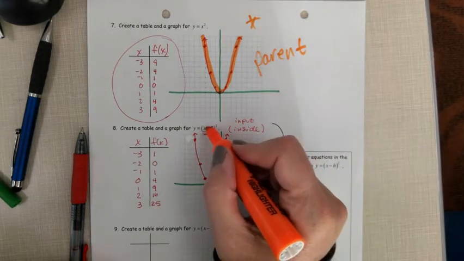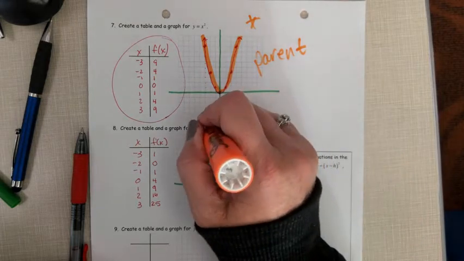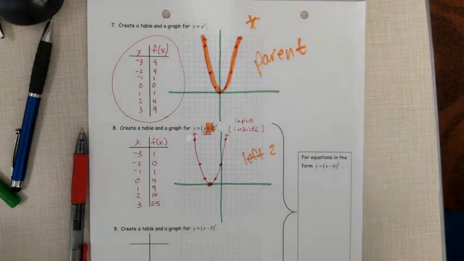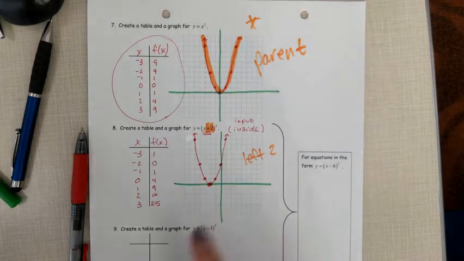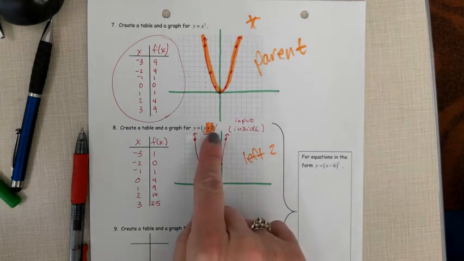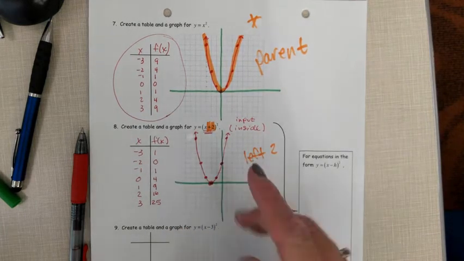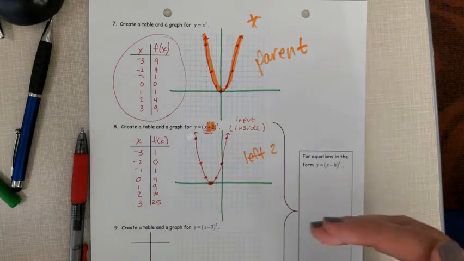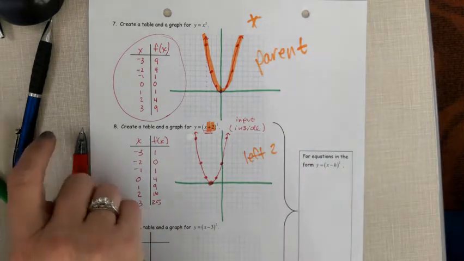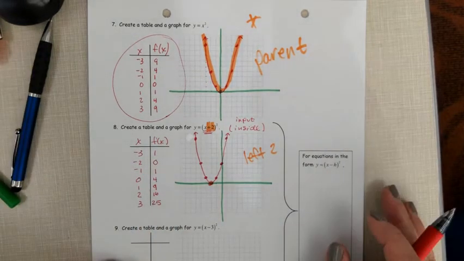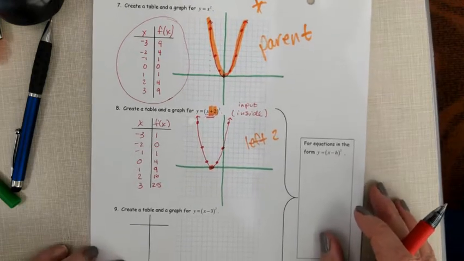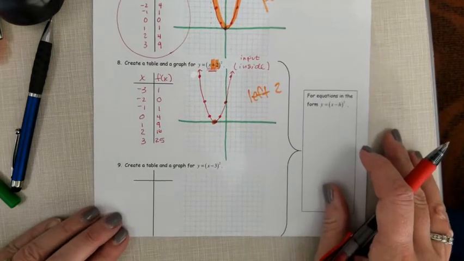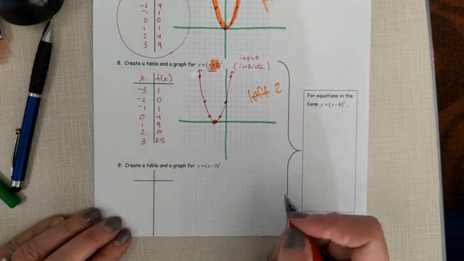But notice, inside is +2. So that's what happens when you have a horizontal translation. It's the opposite of that inside sign.